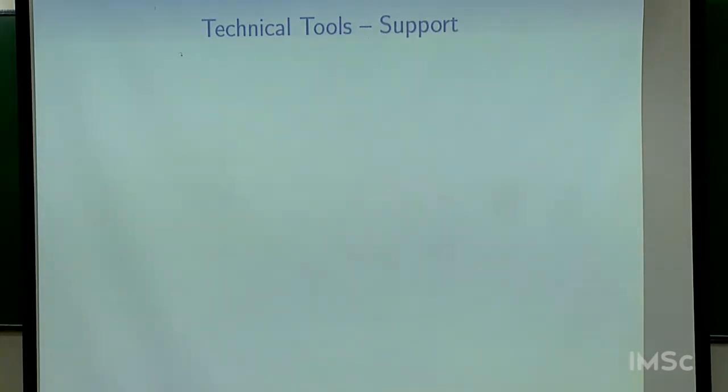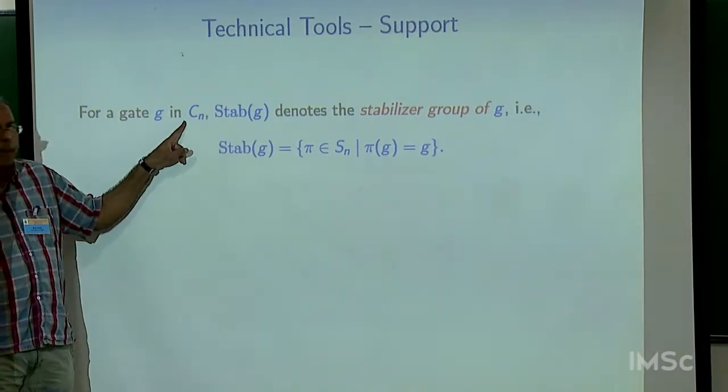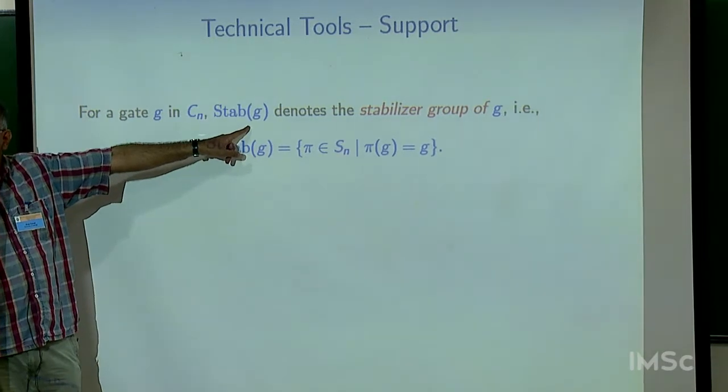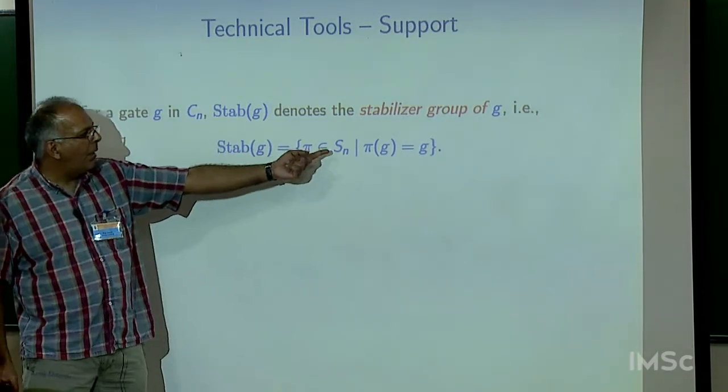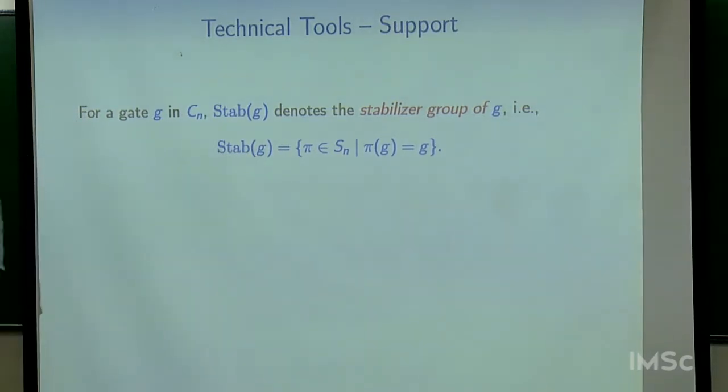Key notion is the notion of a support. So say we have a gate in the circuit. The stabilizer group of the gate is simply the subgroup of Sn of those permutations which fix the gate G. Okay?